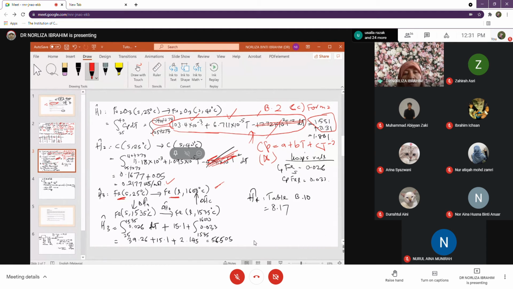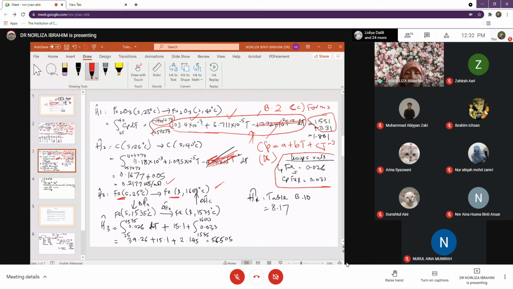You increase the temperature to 1535, refer to table B1, and then you convert the phase to liquid, and then you increase to 1600. If you refer to table B1, no CP given there, so you have to use Kopp's rule here. Kopp's rule there: for solid 0.026, for liquid 0.033. Two different values because solid and liquid.